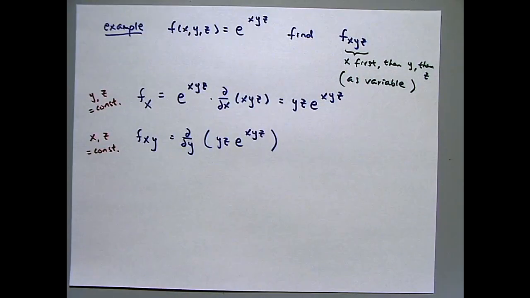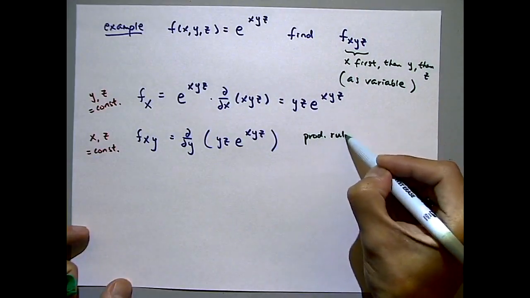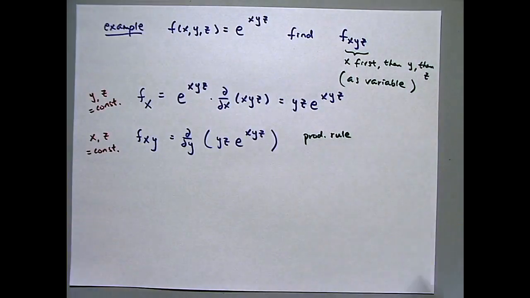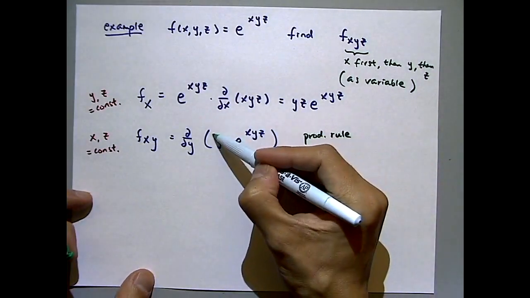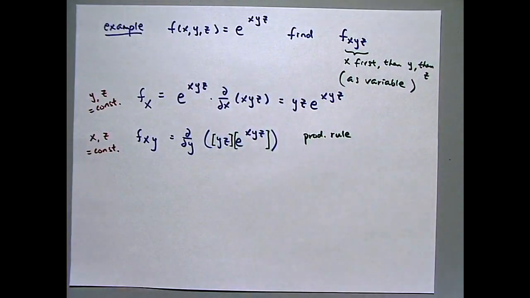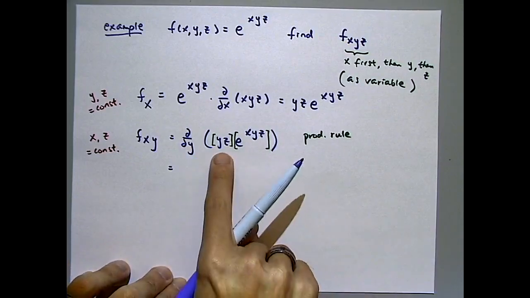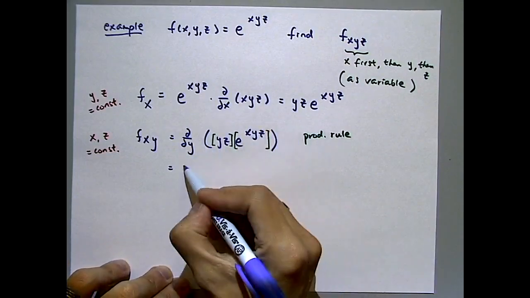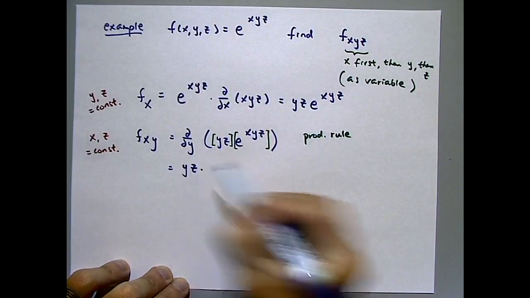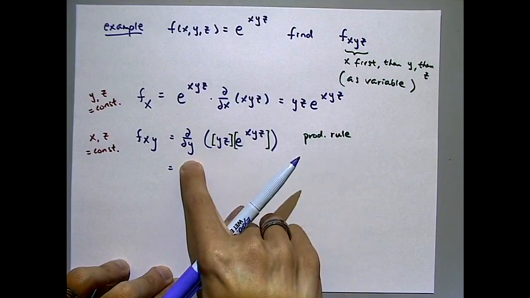How do we do this? Product rule, right. One more time, product rule. Okay, so you can look at it as a product of this guy times that guy. Product rule first: yz times the derivative of e to the xyz with respect to y.